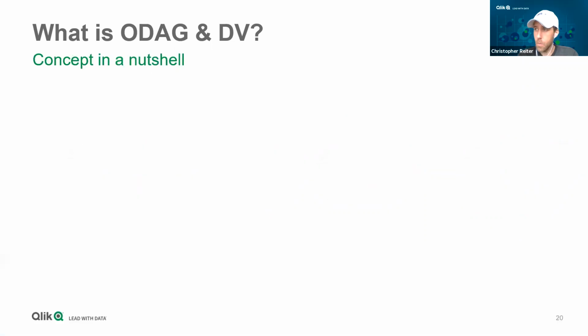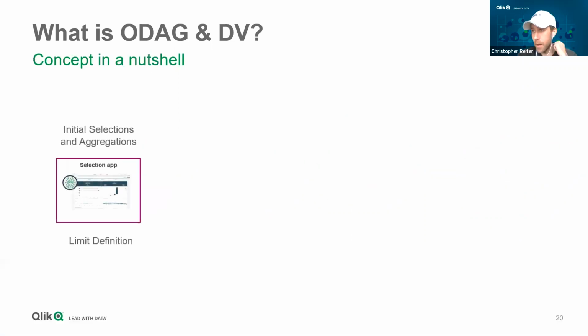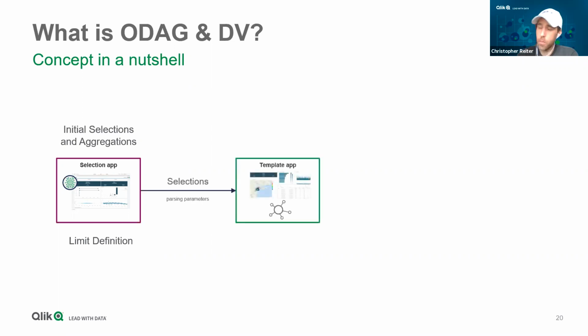So the concept in a nutshell is you create a Qlik Sense application, which is going to define the scope of what people can access in your big data store. So this is important because one of the biggest problems with databases and large data stores is the amazingly simple way to overload them and kill their performance.